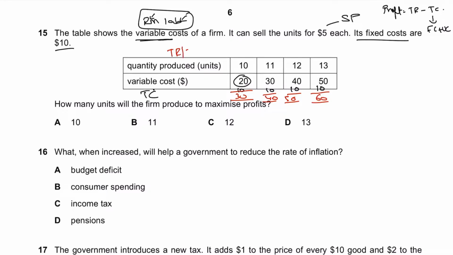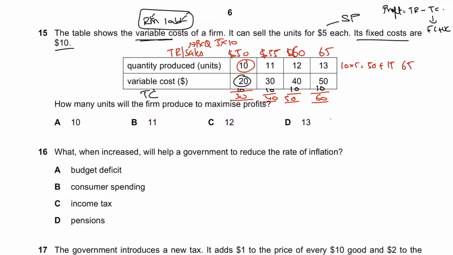So let's calculate sales as well. Let's calculate total revenue, which is sales, and the formula is price times the quantity that is sold. The price is $5 for each unit, multiplied by, let's say if you're selling 10 units, it's $50 for 10 units, and then it's $55, and then 12 times 5 would be 60, and then 13 times 5 would be 10 times 5 is 50, plus 3 times 5, that is 15, is 65.